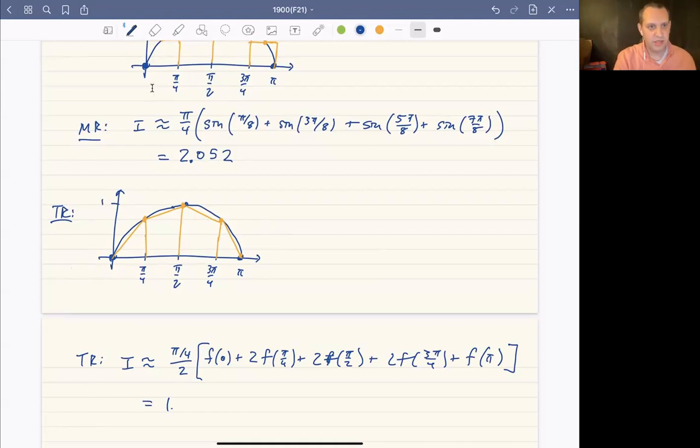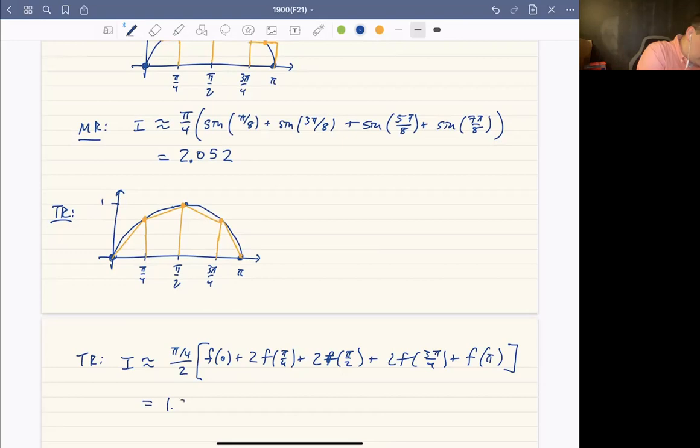Let me make sure I just did that right before we go on. But f of 0 and f of pi, so those are both 0. So all we need is the rest. So we get pi over 4. Oh, I see, I was off by my constant in front.